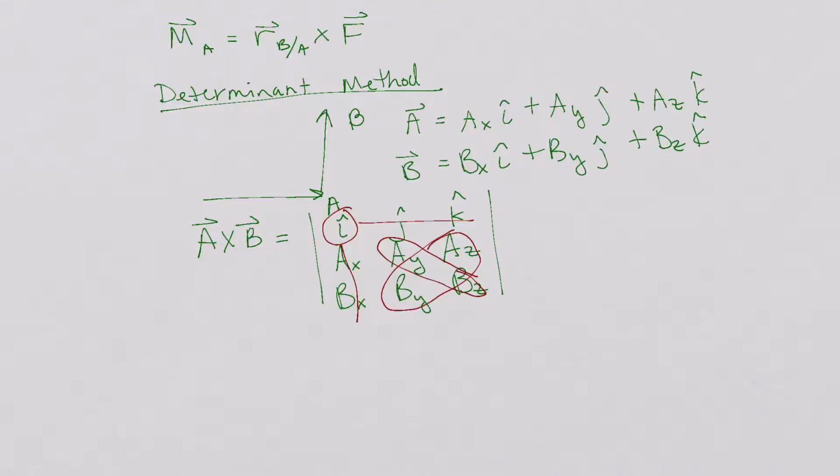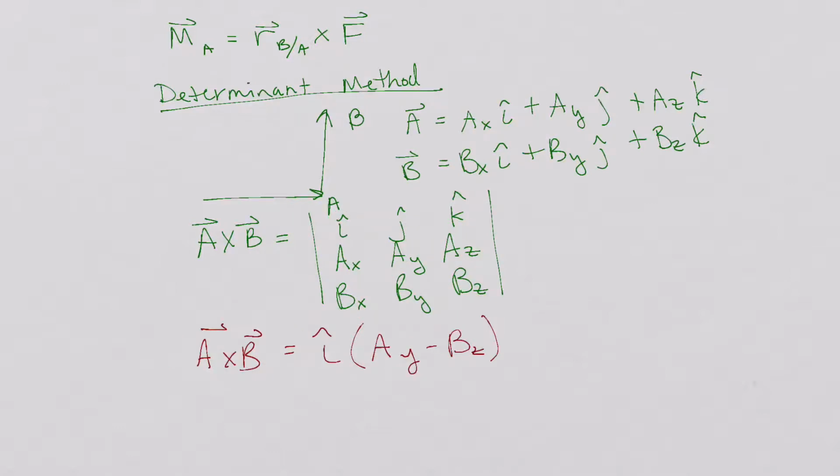A cross B equals i times (AY BZ minus AZ BY). And then we do minus, in a different color, maybe blue, minus j.